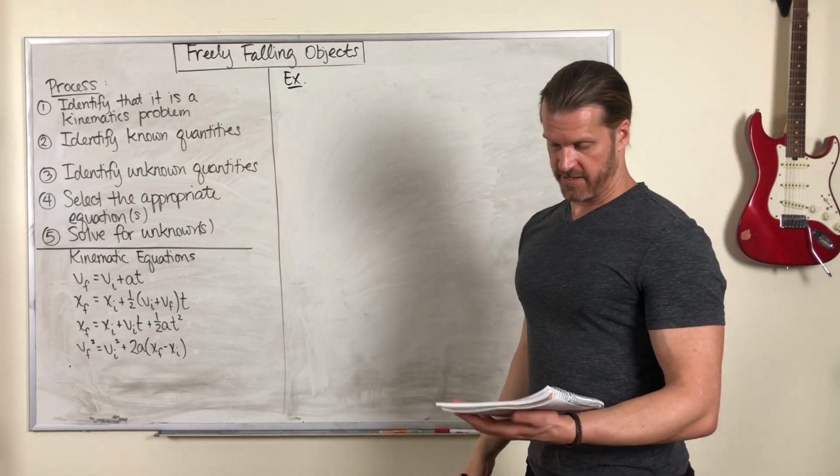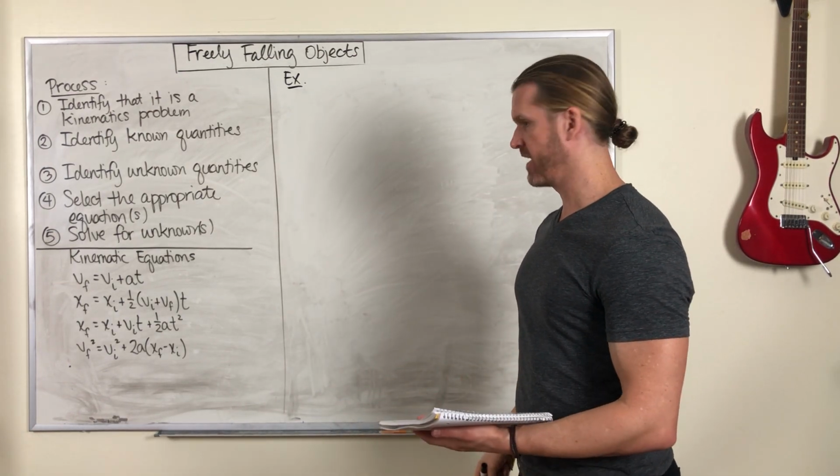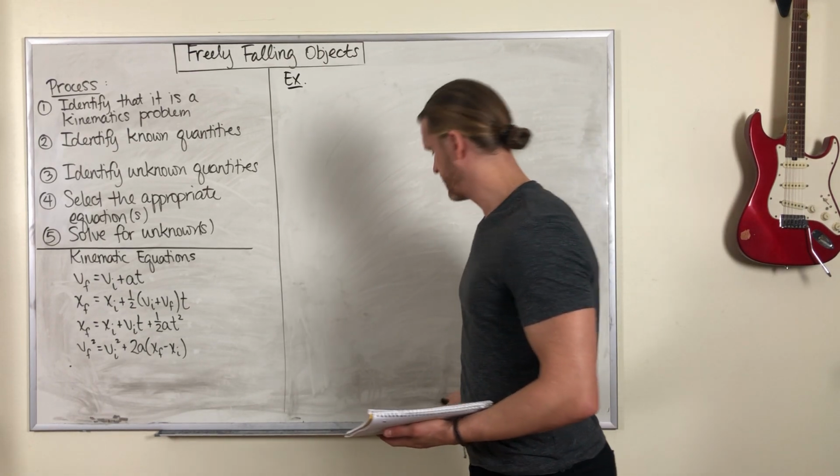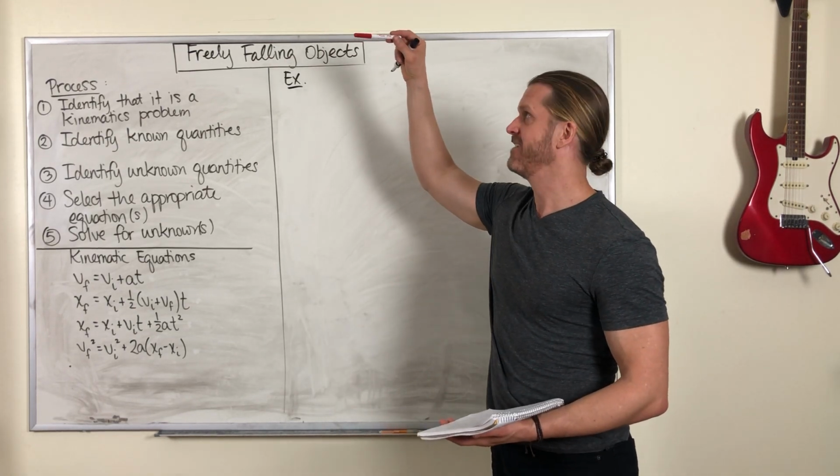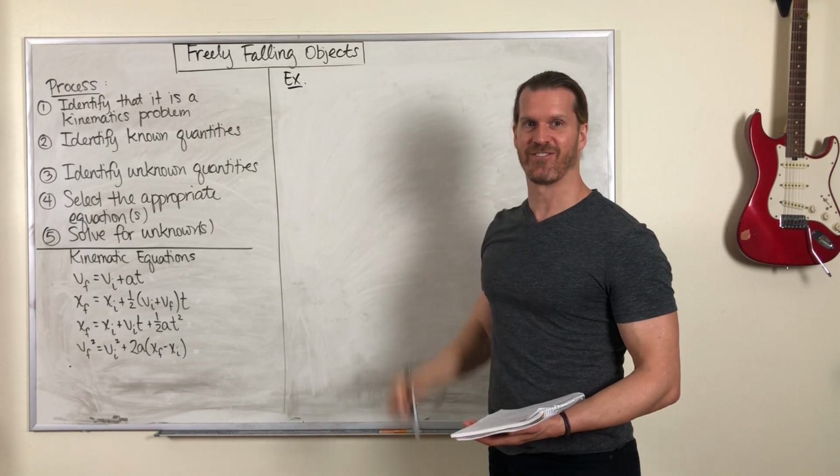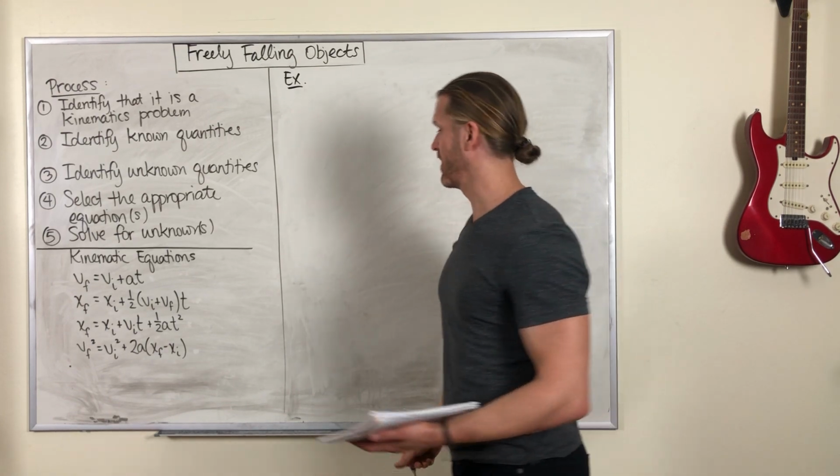Let's say that we drop an object from a height of 2 meters. So 2 meters is about this high. Say we drop it, it hits the ground. We'll answer a few questions about this motion.